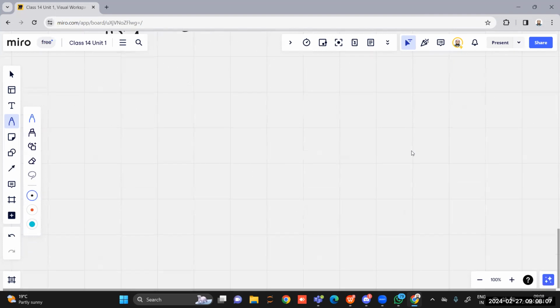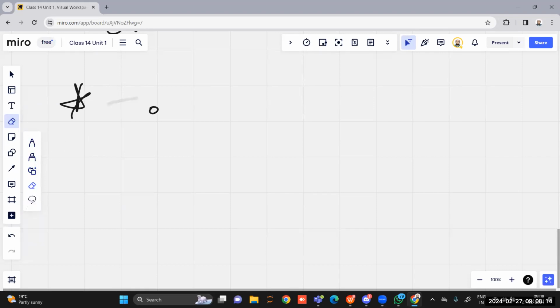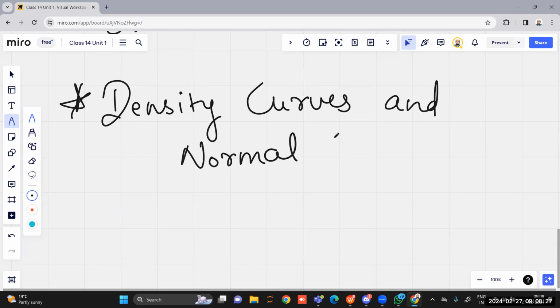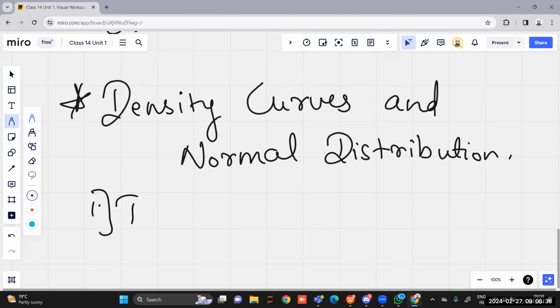This is one of the most important topics, density curves and normal distribution. So first of all, we'll see what are density curves.